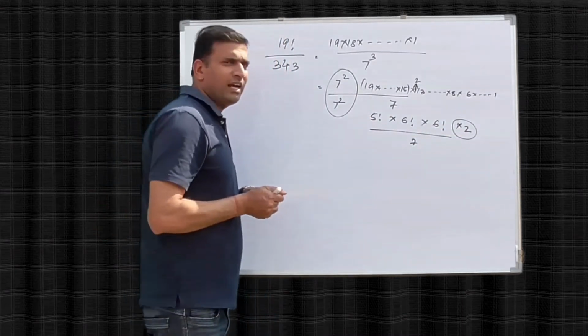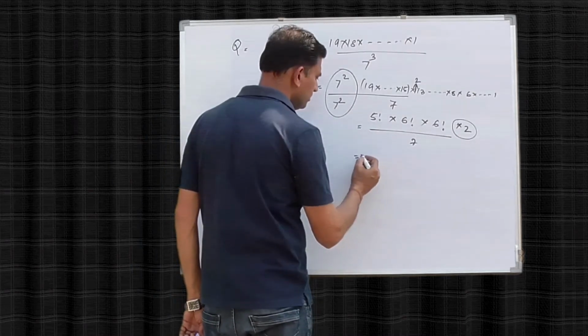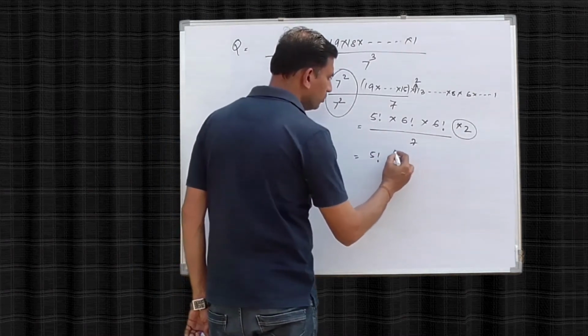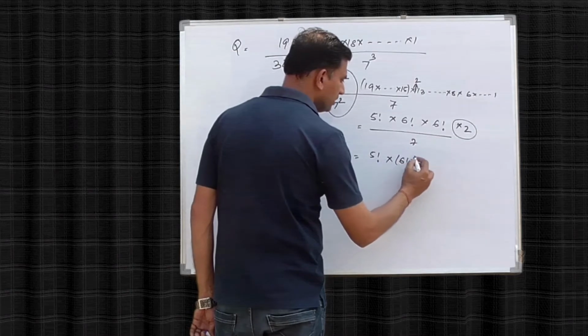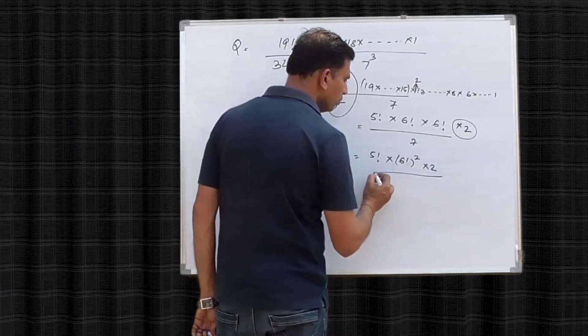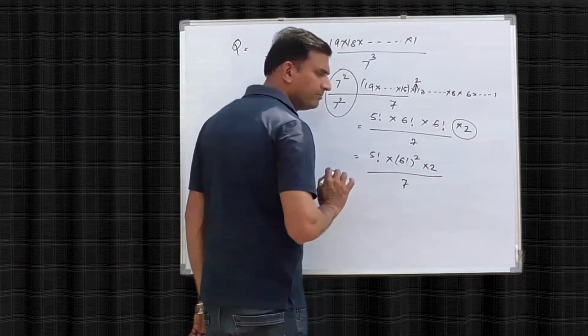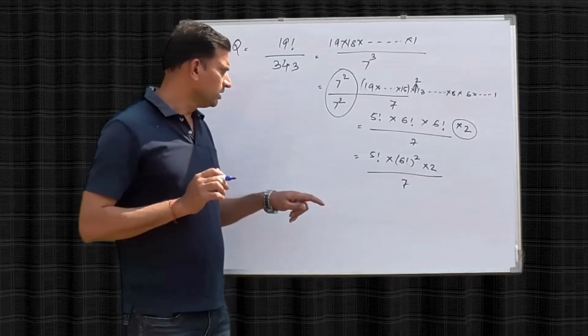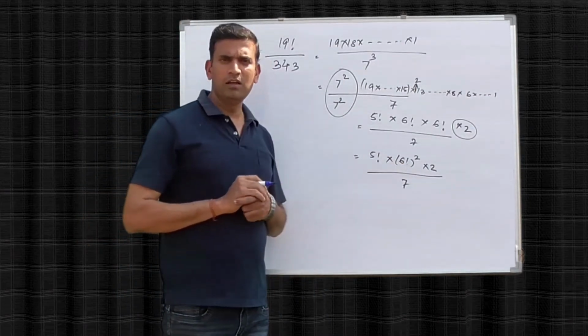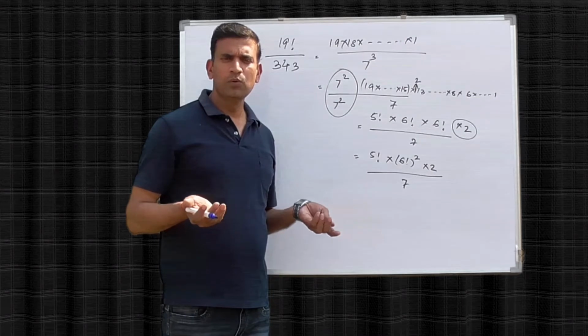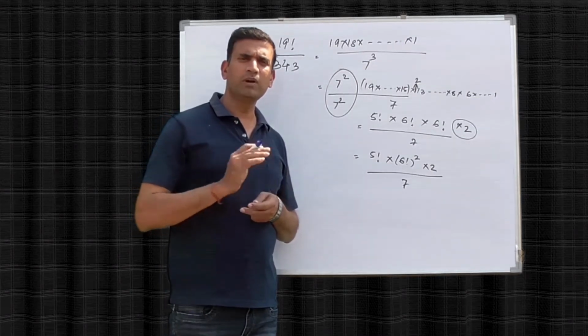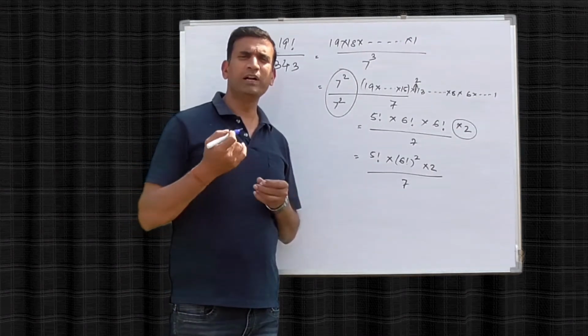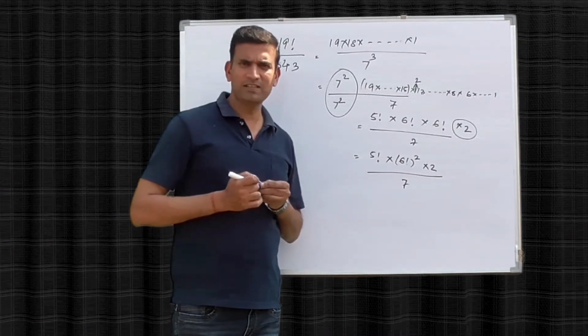Now I can write down this one as 5 factorial into 6 factorial square into 2 divided by 7. Now 6 factorial is 720, and if you take the multiple of 7, 721 is one of the multiples of 7.